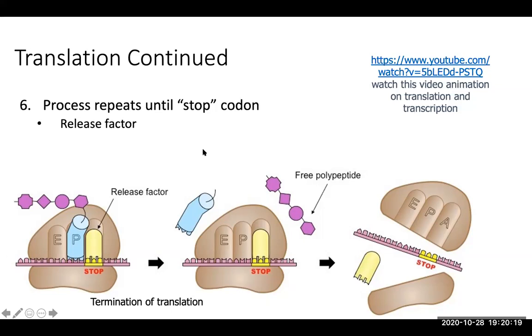Okay, you can have lots of ribosomes on one mRNA. So just because this one falls apart doesn't mean that this mRNA is done, right? As soon as one ribosome starts, another one's going to start, and another one's going to start, and another one's going to start.